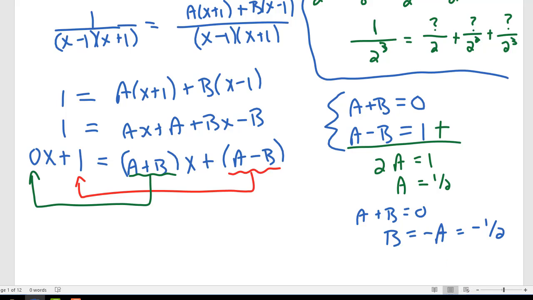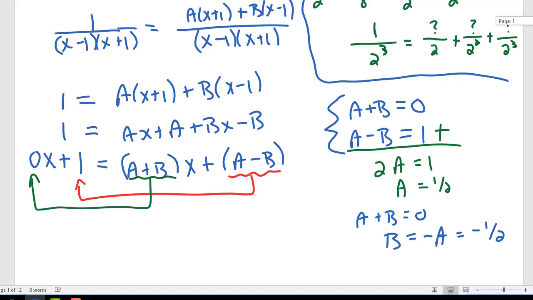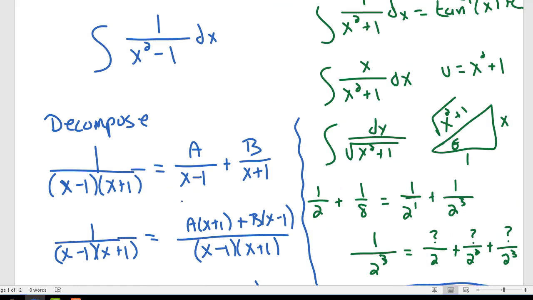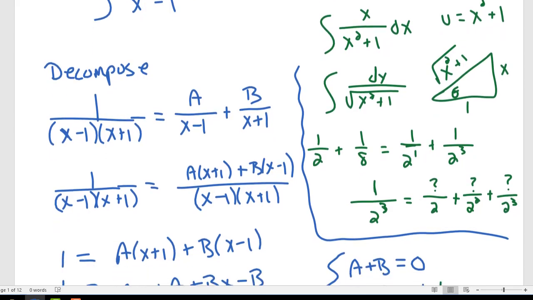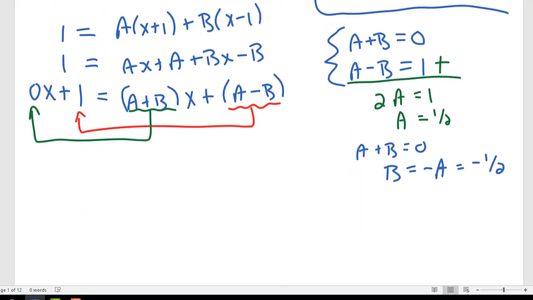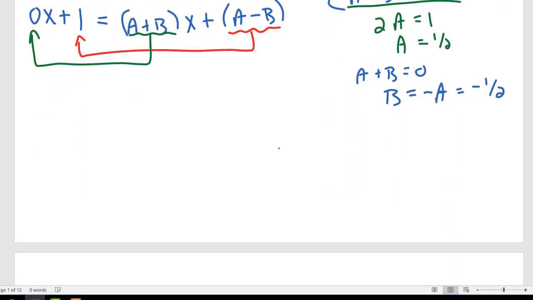Now, I'm running out of digital paper here, so let me scroll back up again. So a is the numerator of the x minus 1 factor. b is the numerator of the x plus 1 factor. So I have my decomposed form here. Oops, sorry.